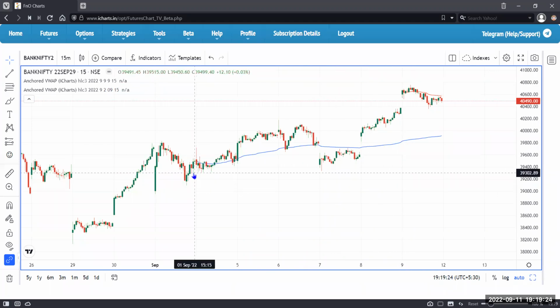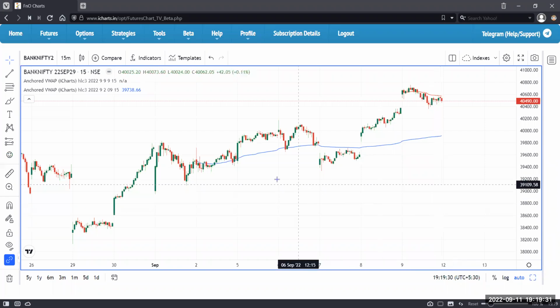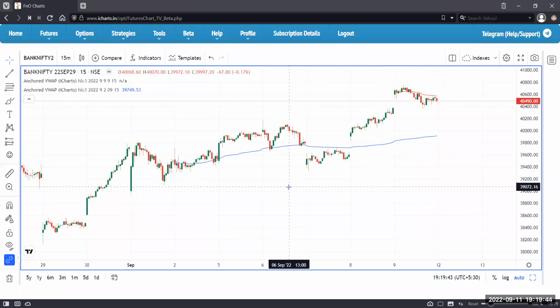Can you repeat that? Which OI is saying it is bullish? The Bank Nifty OI, as on 9th of September, the EOD option chain details. In that, it is showing bullish, but in the chart, it is showing bearish.